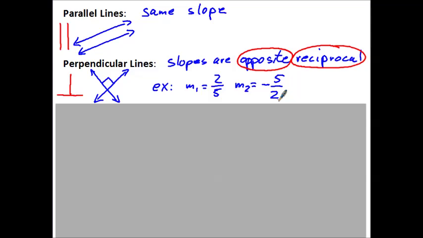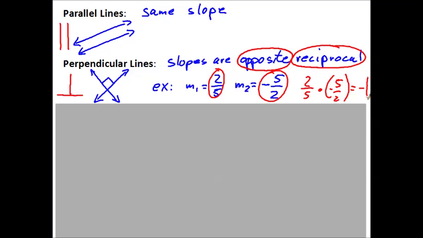And there is another way to think about this. If you take those two slopes and you multiply them together, if we take 2/5 times negative 5/2, what do we get? We do get -1.